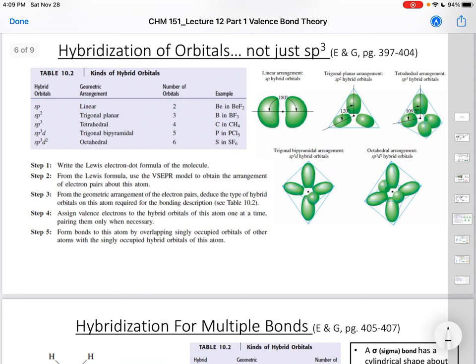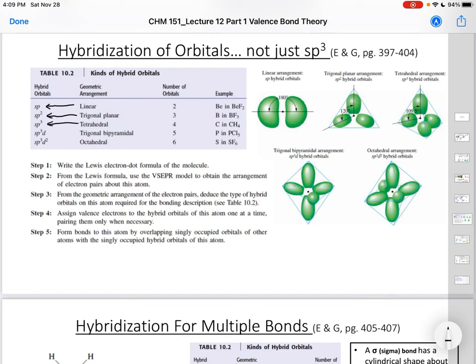So why do we need the three kinds, the sp, the sp2, and the sp3? It is because these hybrid orbitals have been assigned to certain geometric arrangements. If you have linear, you have an sp hybrid orbital. If you have trigonal planar, you have sp2, and if you have tetrahedral, you have sp3.